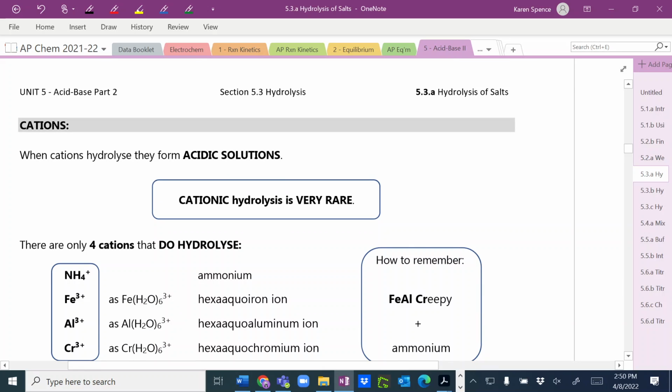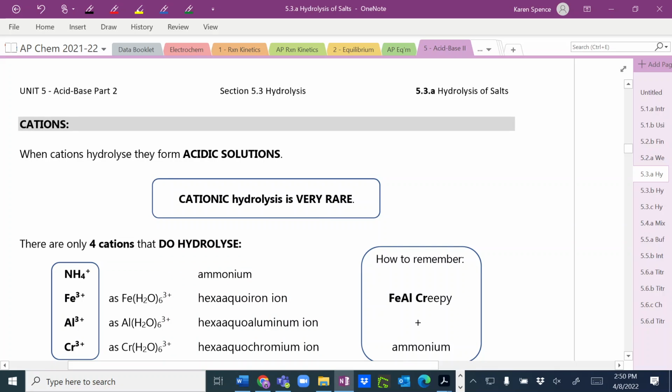Cationic hydrolysis is very rare, okay? So you're not going to have to worry about it too much. As I said before, no metal ions hydrolyze, except who?